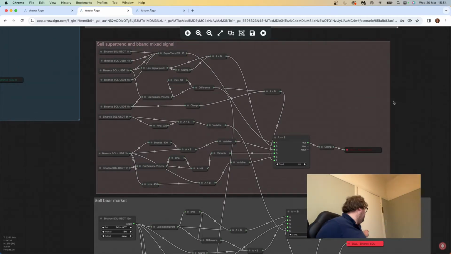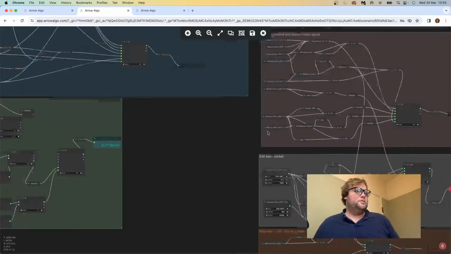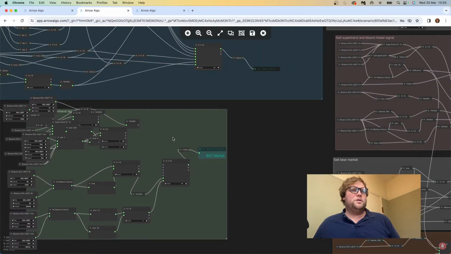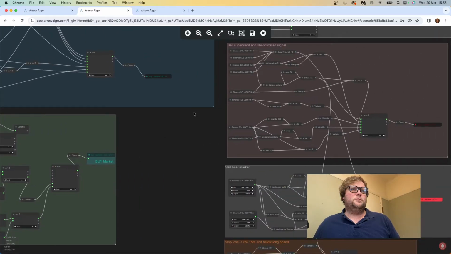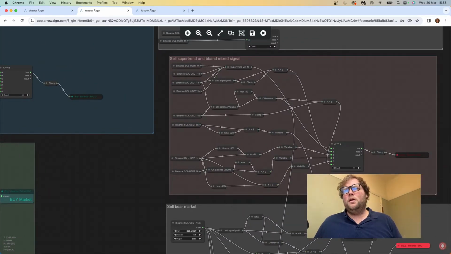For the third one here, we're looking more at the super trend. So this is going to be the opposite, essentially, of these super trend buy rules. So for this one, we've got, again, 6 conditions here.